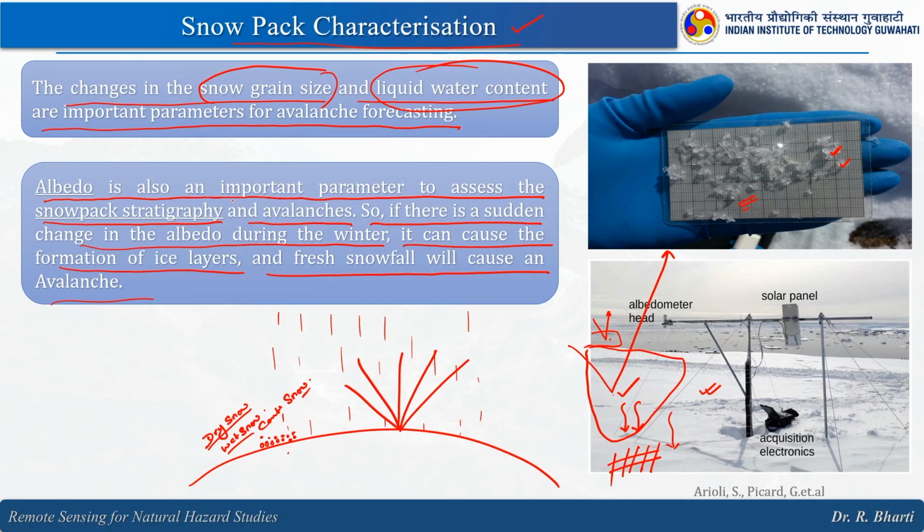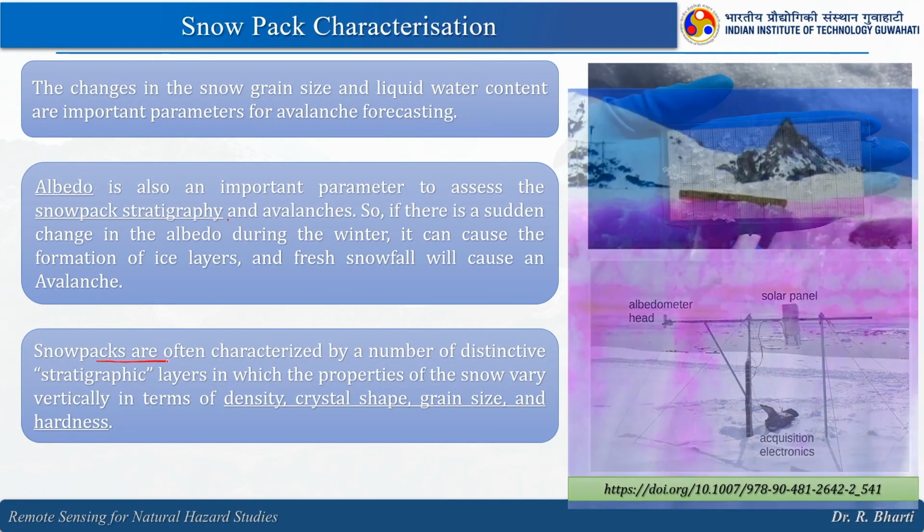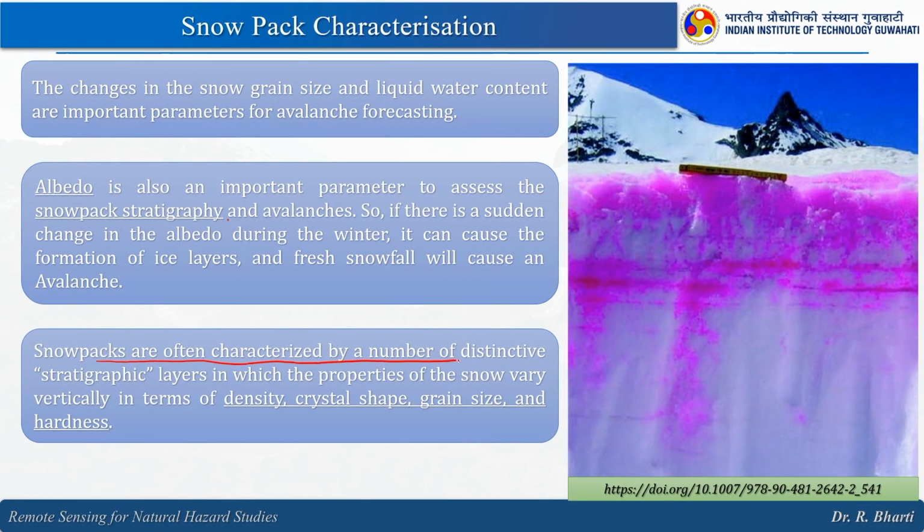Now albedo is also an important parameter to assess the snowpack stratigraphy and avalanche. So what we mean by stratigraphy, that we need to understand. Snowpacks are often characterized by a number of distinct stratigraphic layers. So these are the stratigraphic layers, right. You can see there is a boundary. I have another image that will help you to understand these layers, right.